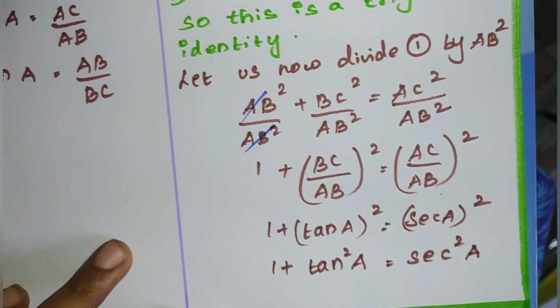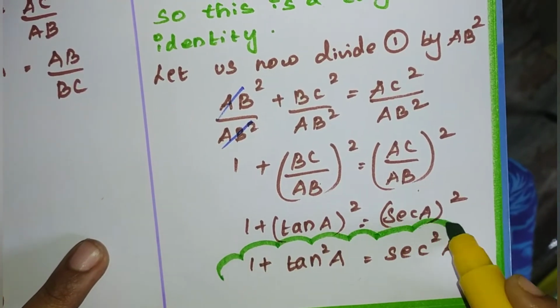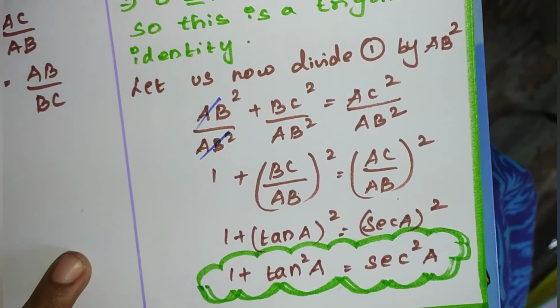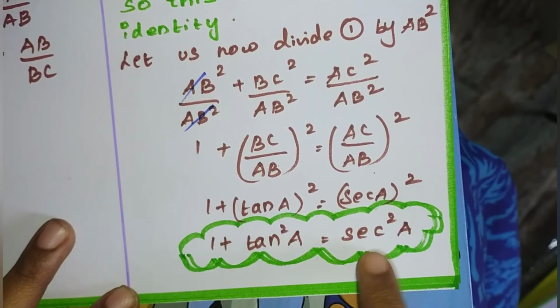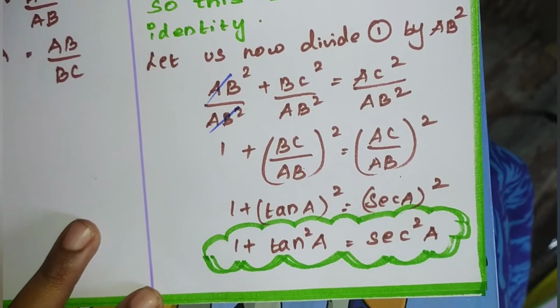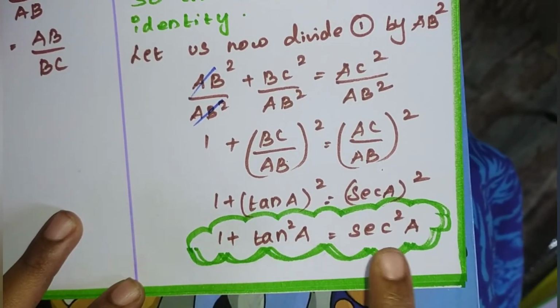This is the second trigonometric identity. You have to check whether it is true for all the angles. Is this equation true for 0 degree? Shall we check? Okay.